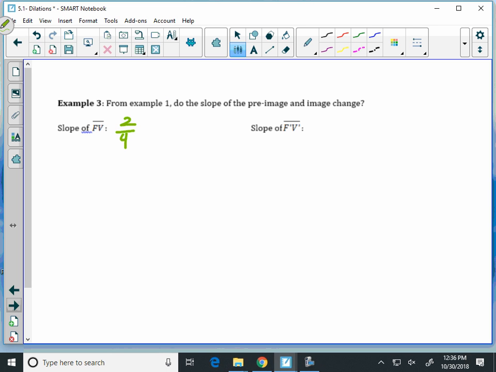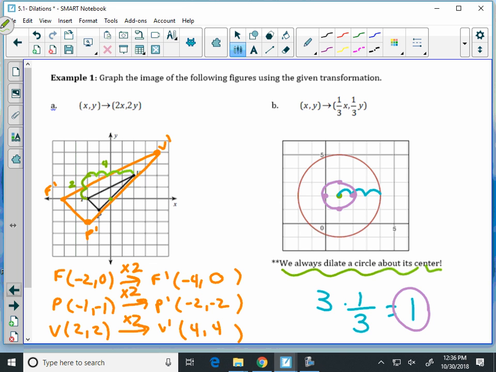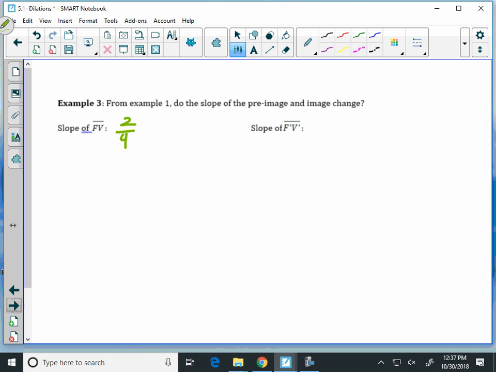Okay. Well, let's find the slope of F prime V prime. The image. What's our rise? We went up 4. What's our run? And we went up and right, so it's going to be positive as well.